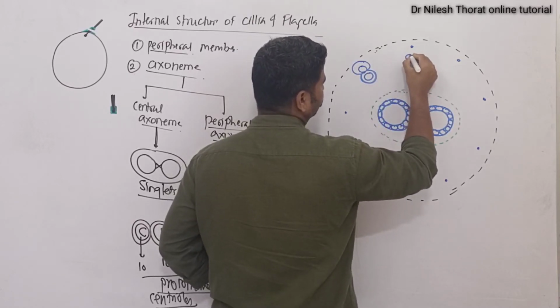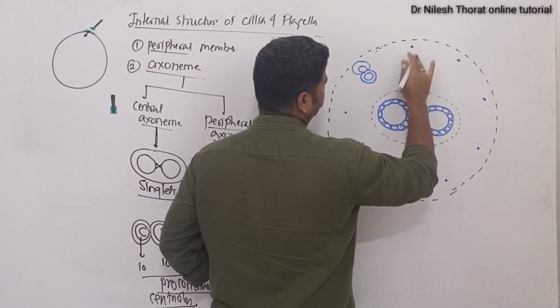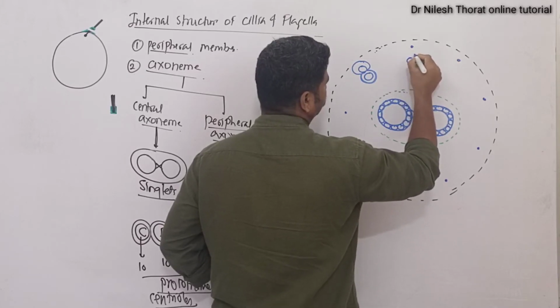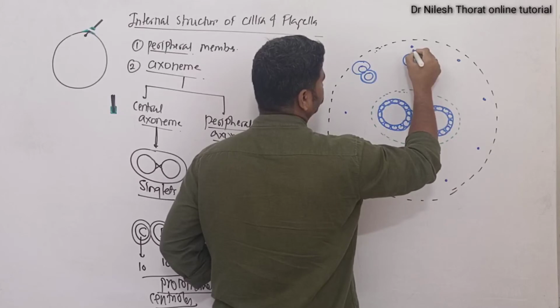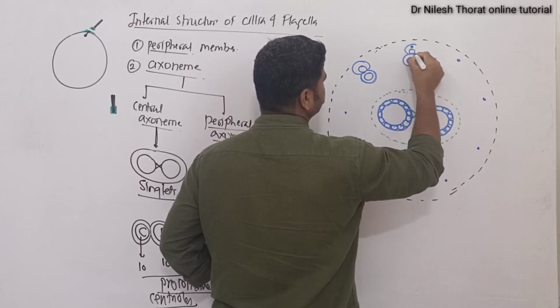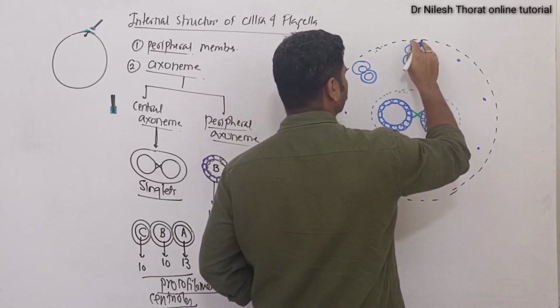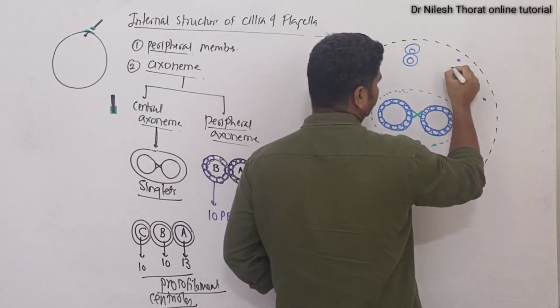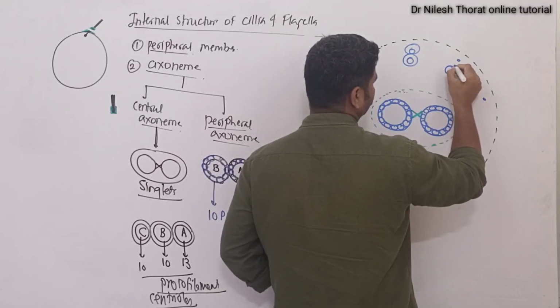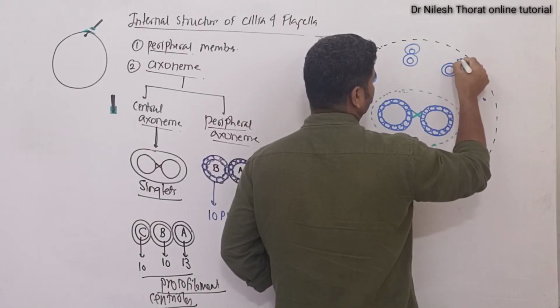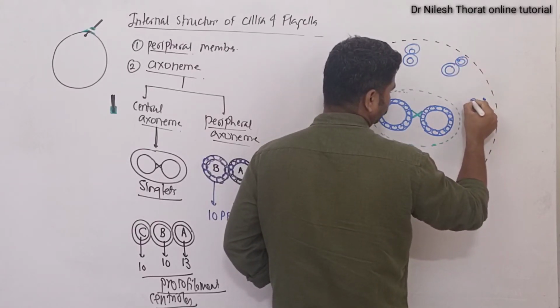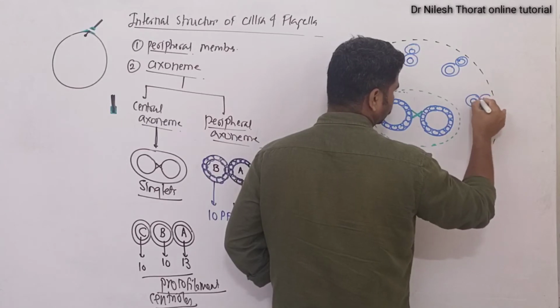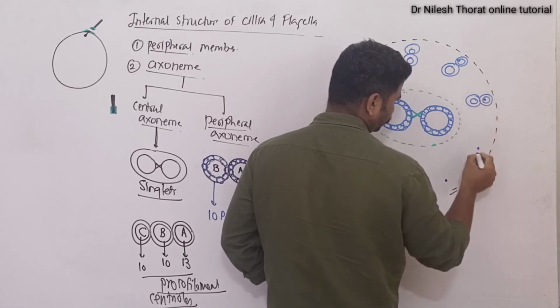So here also we are having A tubule and the outer one is B tubule. Here we are having inner A and outer B tubule, inner A and outer B.